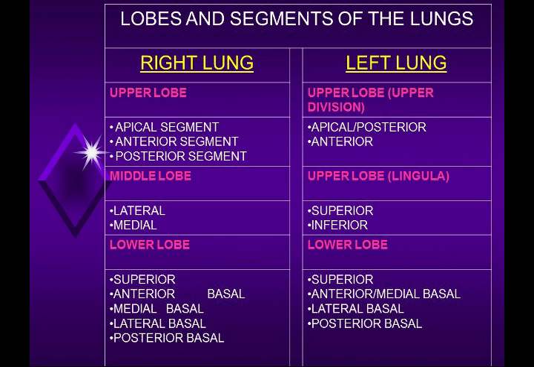Lingula. And there's a superior lingula and an inferior lingula. And in the lower lobe on the left is SLAP, or PELS, or ALPS. And again, all they've done is join the anterior and medial together because the damn heart's in the way.